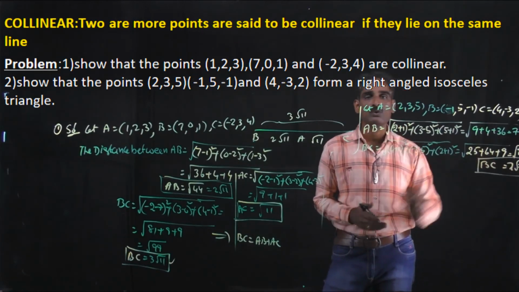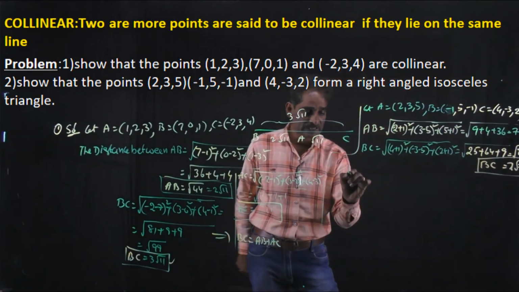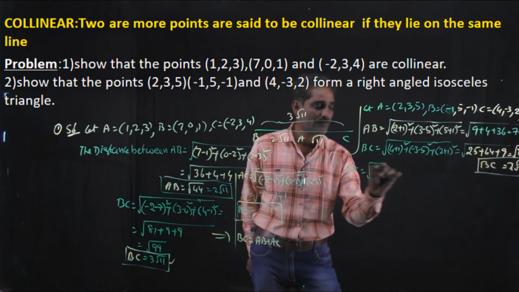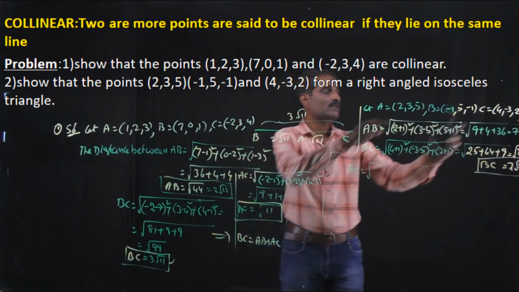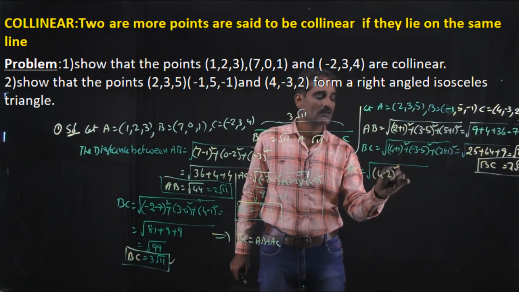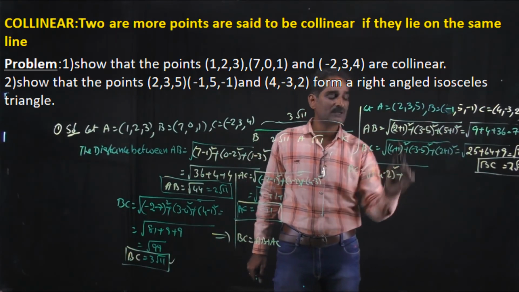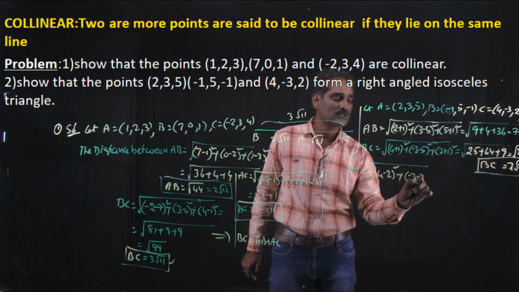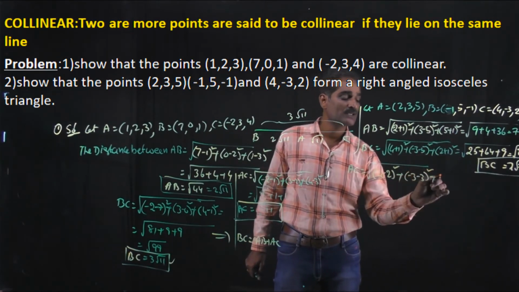So AB is equal to 7, and find out the length of AC. What about AC? (x2 minus x1) whole square, (4 minus 2) whole square, plus (-3 minus 3) whole square, plus (2 minus 5) whole square.